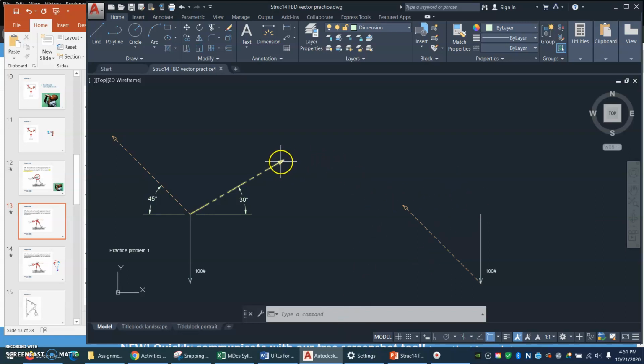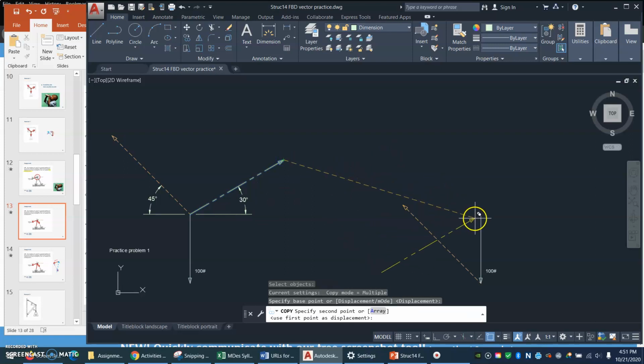So I'm going to put this tip next to that tail. So when I copy this one, enter, and it says specify base point, I'm going to grab this tip endpoint for my base point. And now I can move it over here and snap it onto that tail.